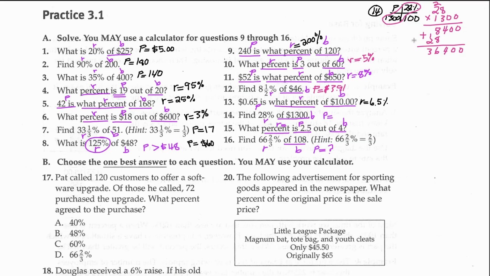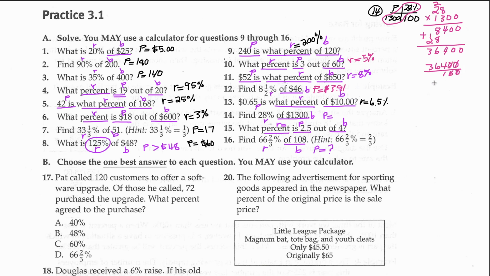Now, since we have no decimal place, we are not going to move any point. But remember, this number, 36,400, is going to divide by 100. Okay, and cancel the 0 here with this one, the 0 here with that one.